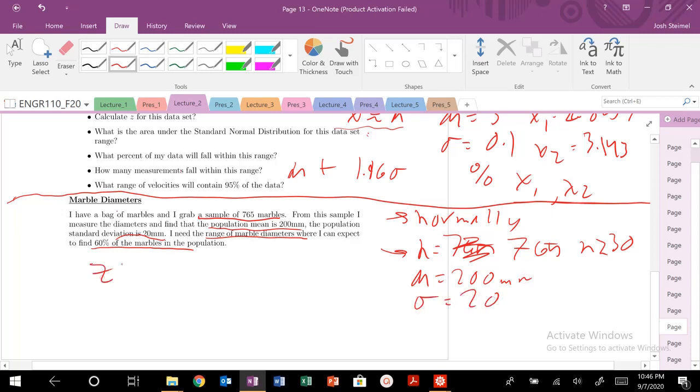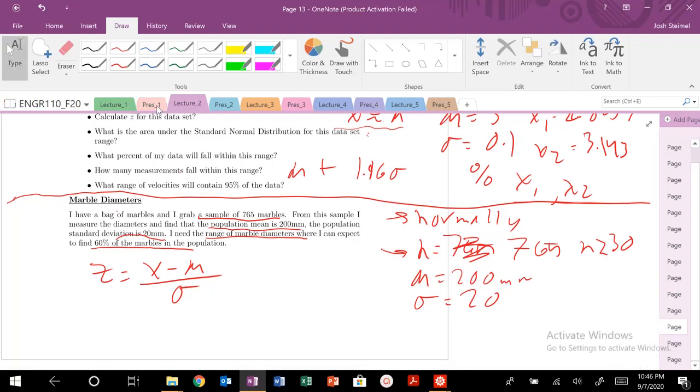So we know our z equation is equal to what? X minus mu over sigma. That's all the information that we're given at the outset from our problem. So now the question is asking us what is the range, basically plus or minus x, that is going to give us our value where 60% of our marbles are in our population.